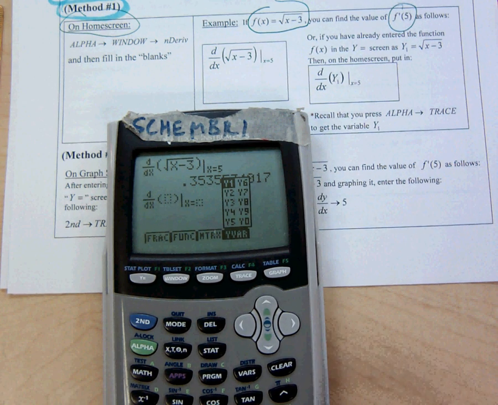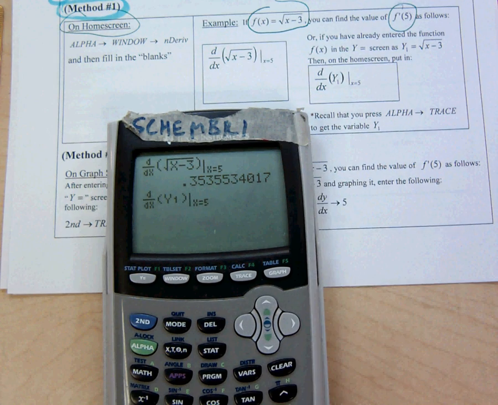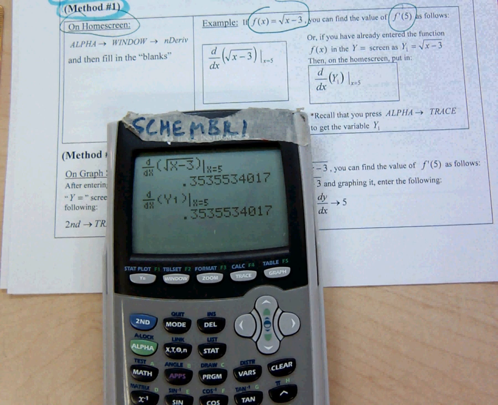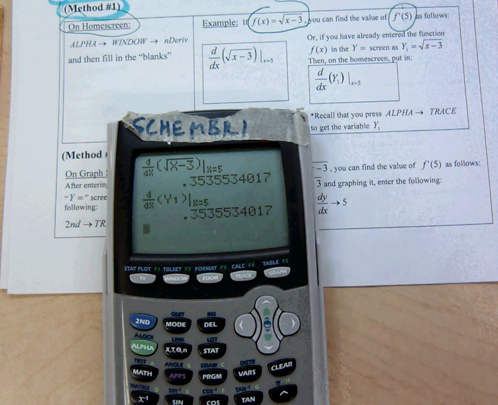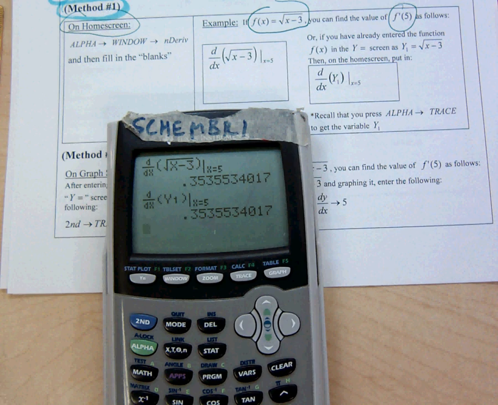I'm going to choose y1, and then I can put my 5 in here again and hit enter. That's going to be very valuable when you have a really long, nasty function that you already typed in earlier for a different question. That way you don't have to type it in again, saving you a lot of time on the AP exam, which is very critical. So there's basically two ways you can do it on the home screen.